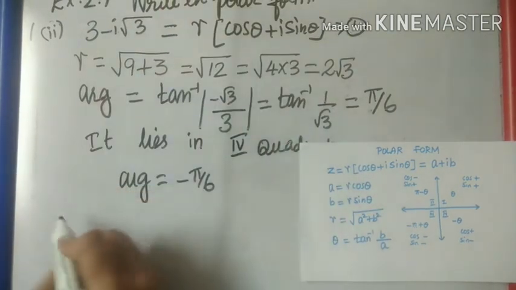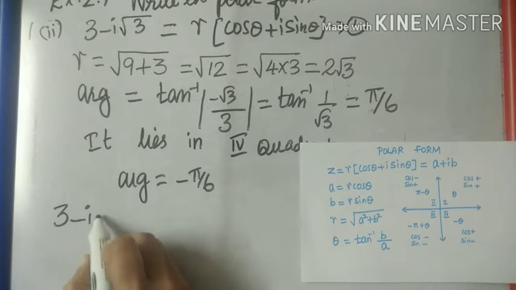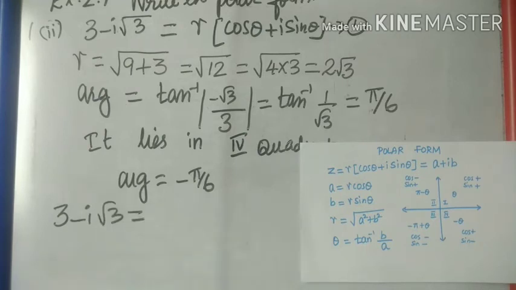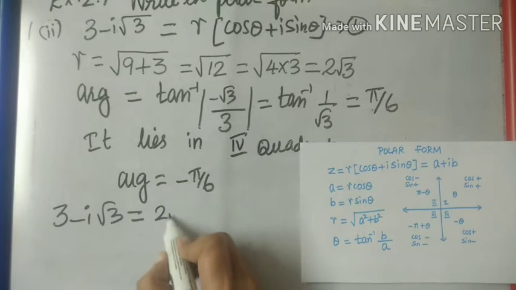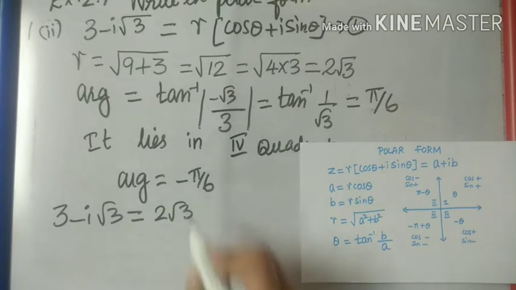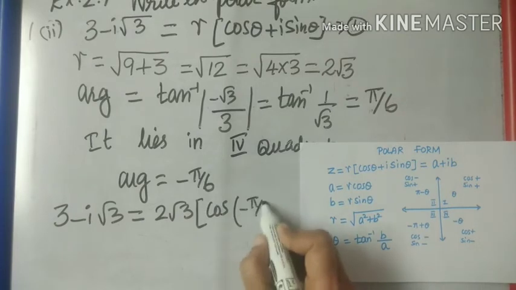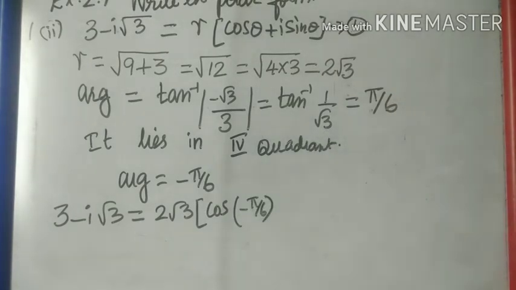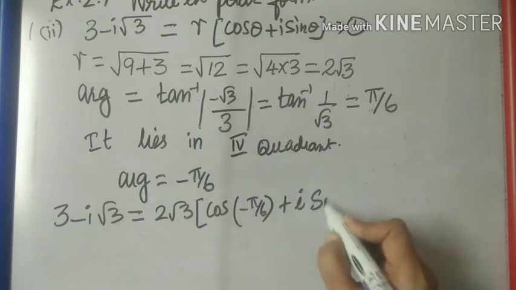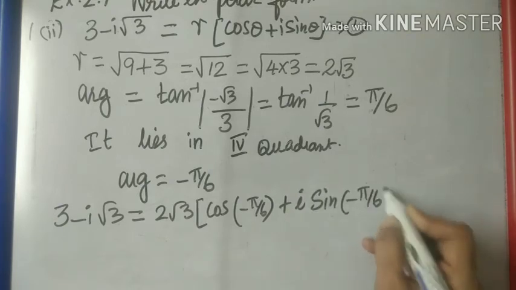Now put it back in the question. 3 minus i root 3 is equal to the r value 2 root 3 into cos, instead of theta I will write minus pi by 6, plus i sine minus pi by 6.